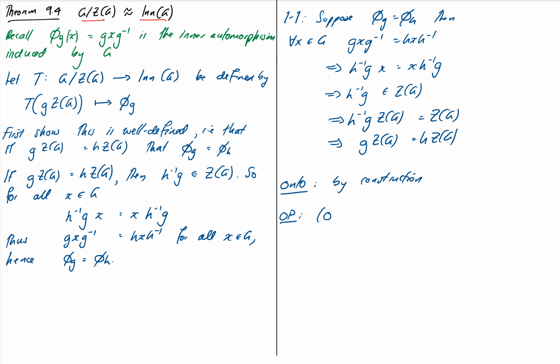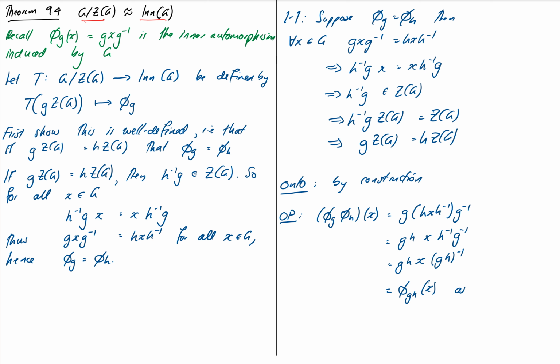That just means we have to go phi G composed with phi H of x is equal to G times H x H inverse times G inverse, equals GH x times H inverse G inverse, equals GH x GH inverse, which is equal to phi GH of x, as required.